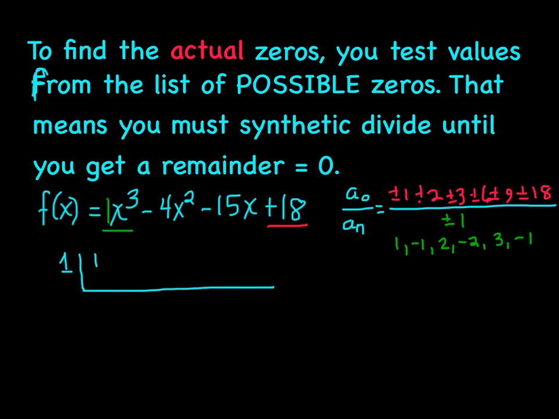I have a cube, I have a squared, I have an x, and I have a constant. I'm going to bring down the 1. I'm going to multiply here to here, put it here. I'm going to add, I'm going to multiply here to here, and I'm going to add, and I'm going to multiply here to here, and I'm going to add.